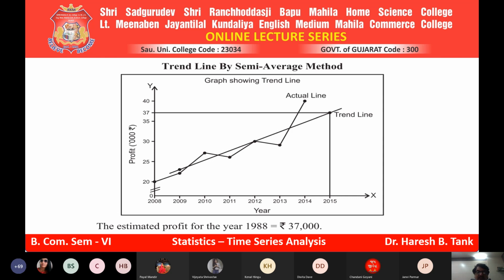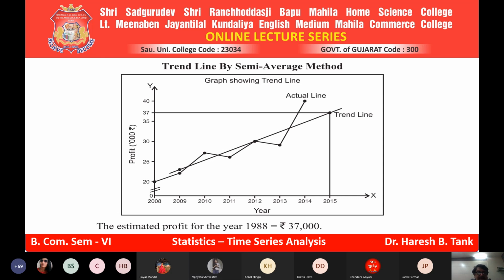That point is exactly where this trend line reaches. Now draw a line parallel to the x-axis and observe where it intercepts the y-axis. Against 2015, the point is 37. So you can estimate the profit of 2015 as 37,000. Is it clear?